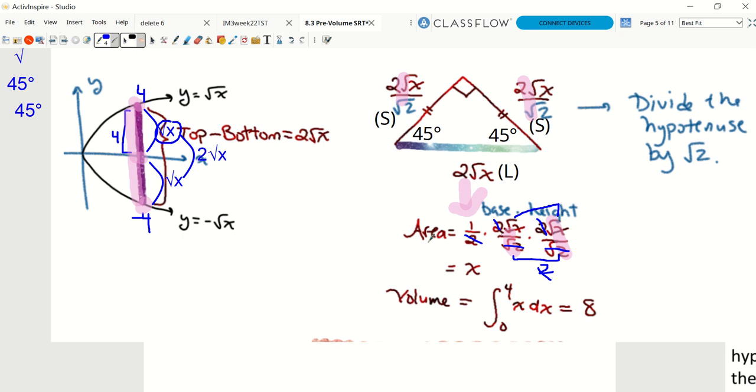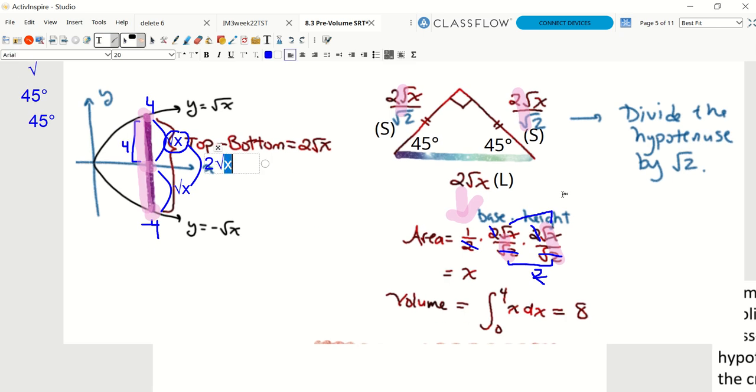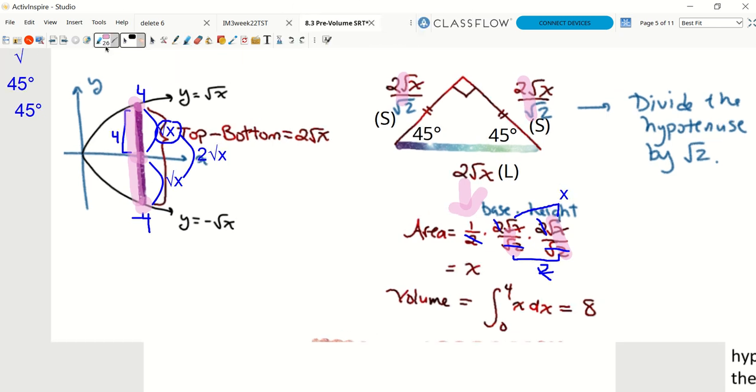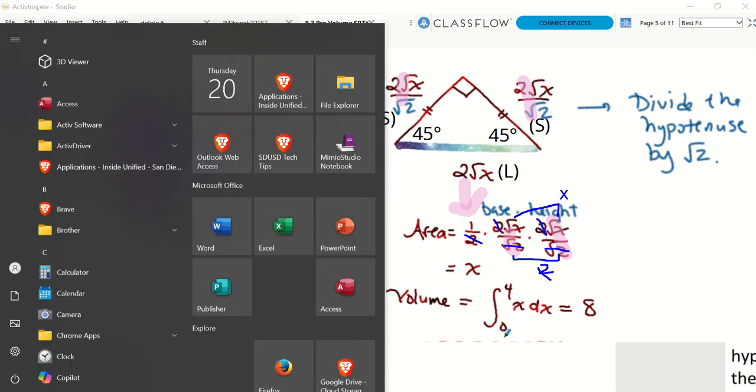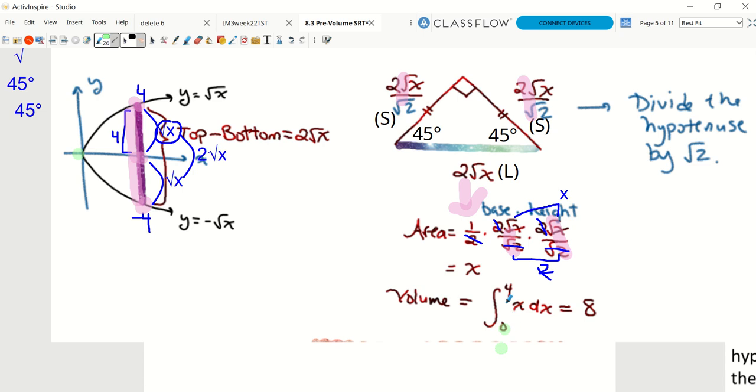Okay? Boom. So everything simplifies to a clean x. And again, we're integrating it from the bounds of 0 to 4, which is what it was given in the original prompt. That was given, and it's just algebra and it becomes 8.